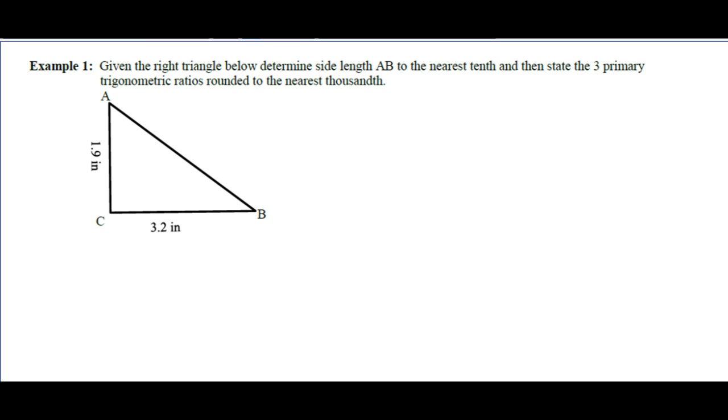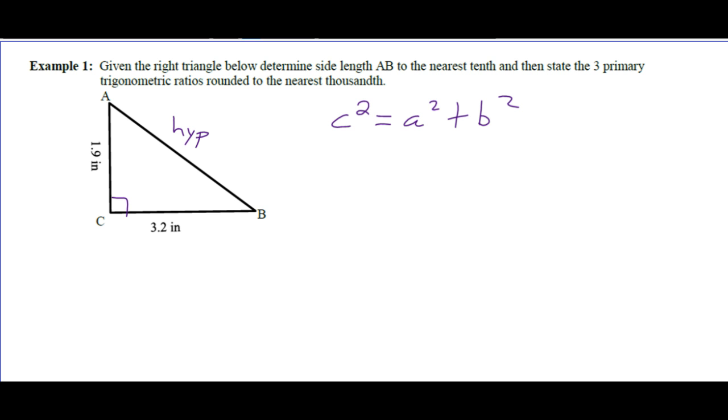Given the right triangle below, it says it's a right triangle, so we're going to label this. Because there's a right angle in there, it is angle C. Determine the length of side AB. So this is the hypotenuse, right? So this is the Pythagorean theorem. C squared is A squared plus B squared.